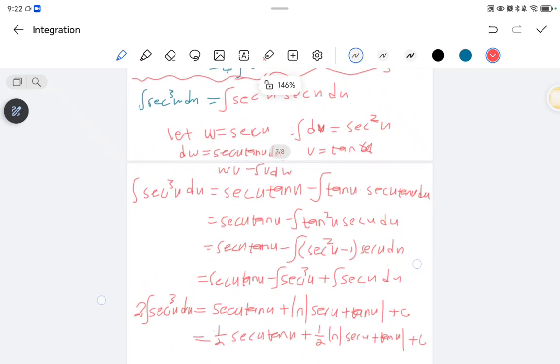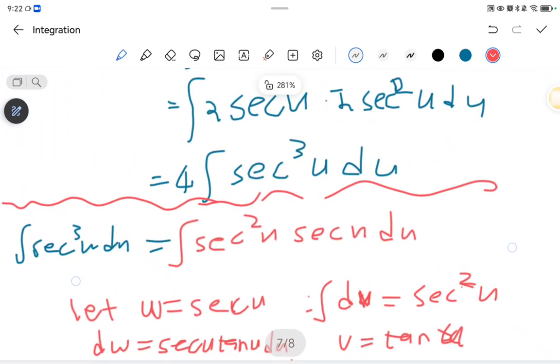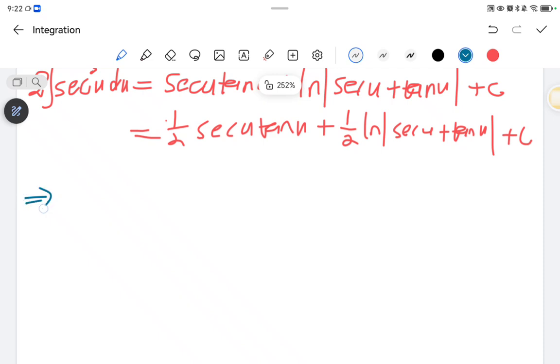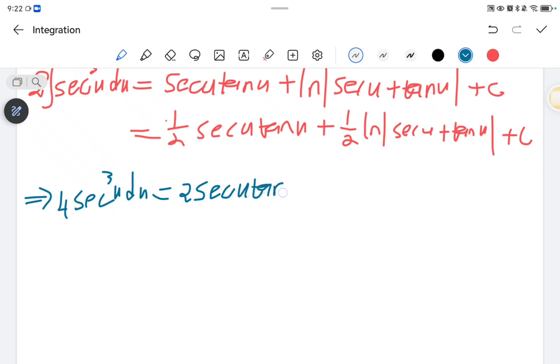But this is having 4. You see, right now? So this will imply that 4 times the integral of sec third u du will be equal to 1 over 2 times 4, which is a 2, right? 2 sec u tan u plus 2 ln of sec u plus tan u plus c.